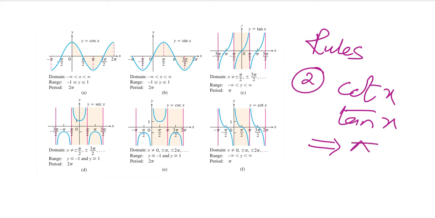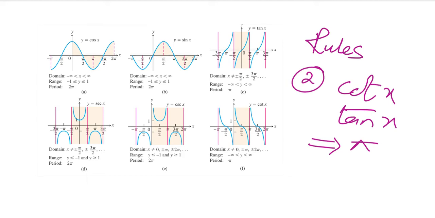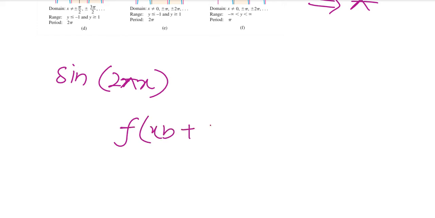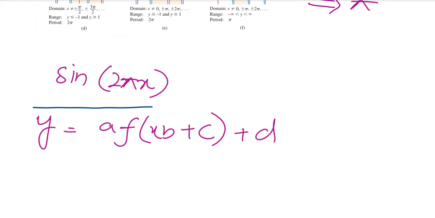Let's check out some examples. For example, let's say sin 2 pi x. Do you know the fundamental equation of a function? This whole equation shows you the stretching, the compression, and the movement of the graph up, right and left. But whenever you need to find the period, you have to check the b value over here.